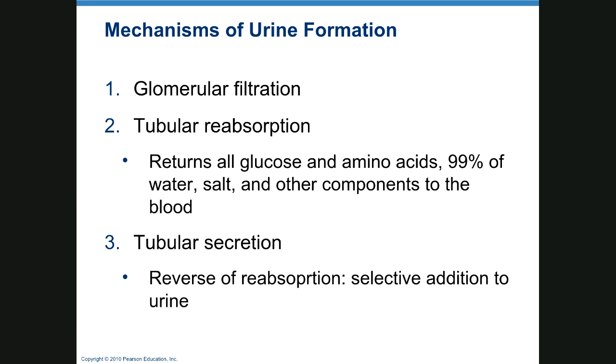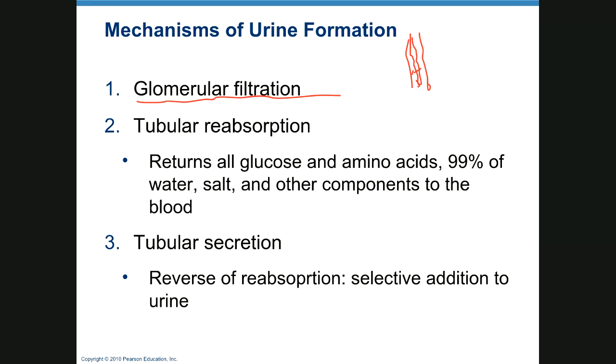Okay, so the 3 steps of urine formation: glomerular filtration. You're putting the blood through the filter, and we're going to line up our afferent arteriole, which becomes a peritubular capillary, with the tubule, the little loops of Henle, and the water is going to suck into the arteriole to concentrate it.